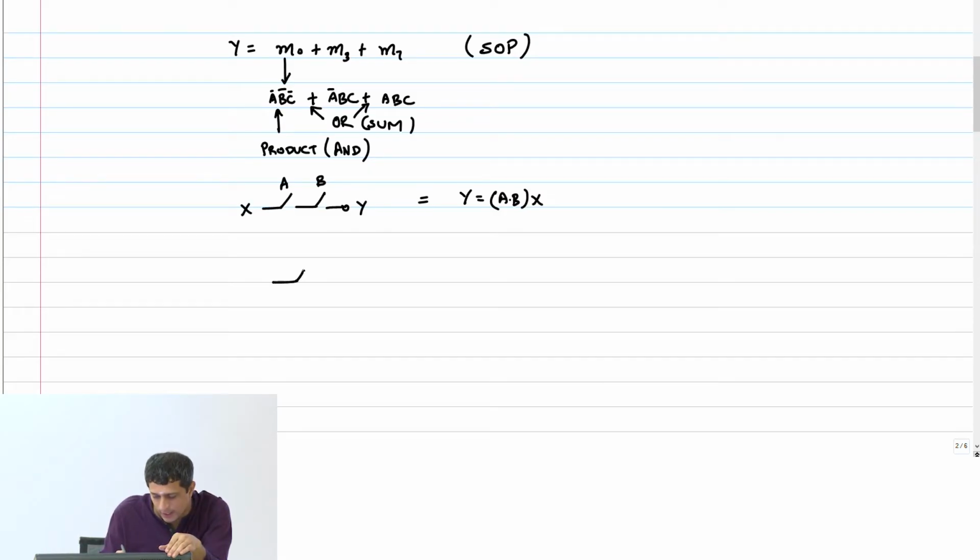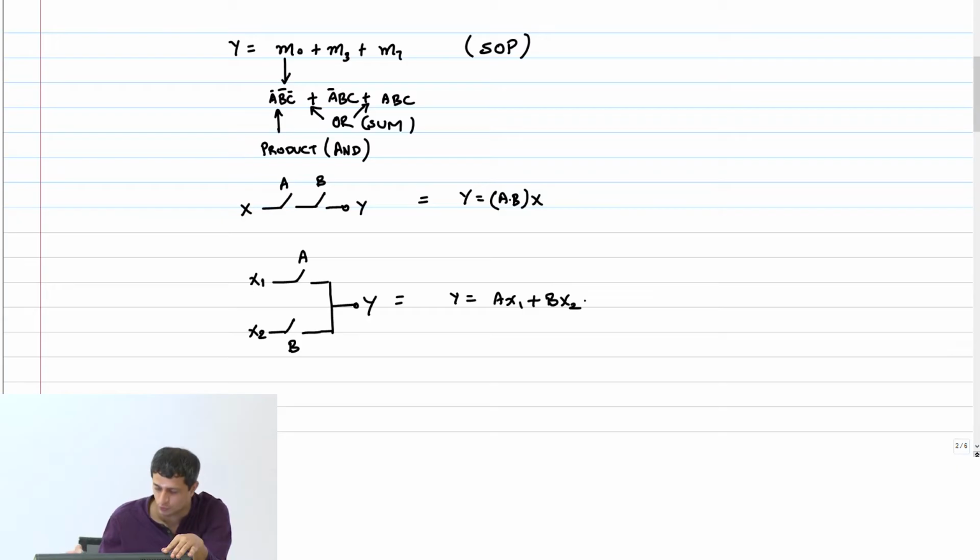Similarly, if I have two arbitrary switches which are in parallel, and I have inputs X1 and X2, then my output Y would now be A times X1 plus B times X2, right?